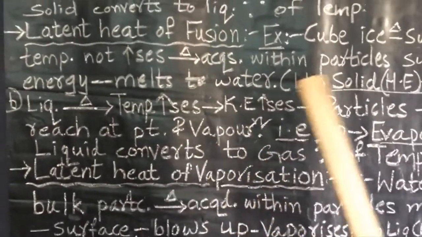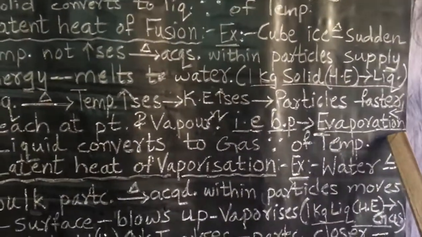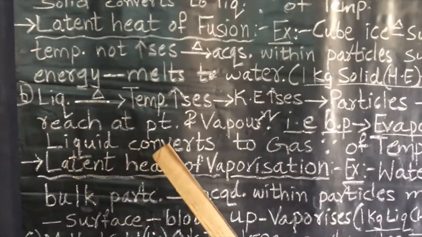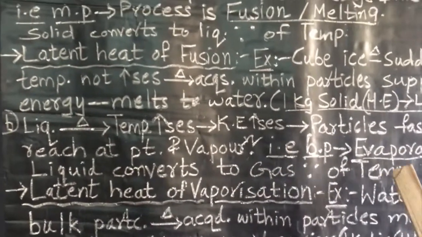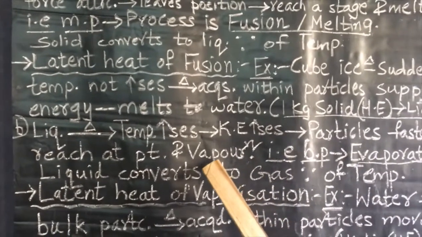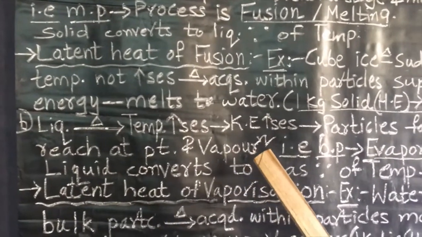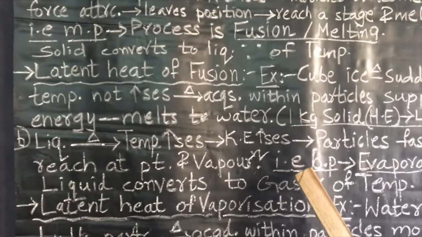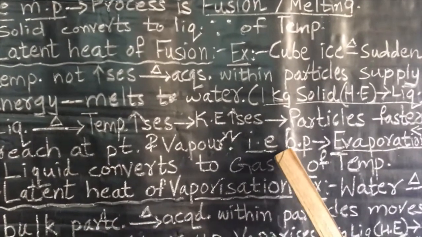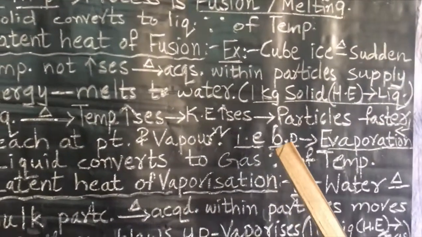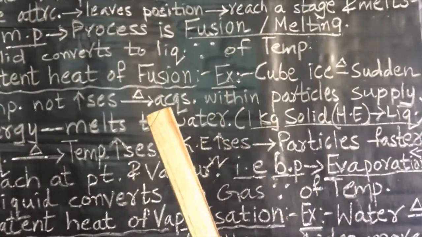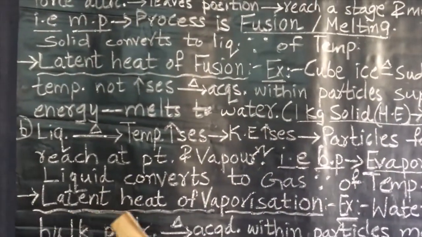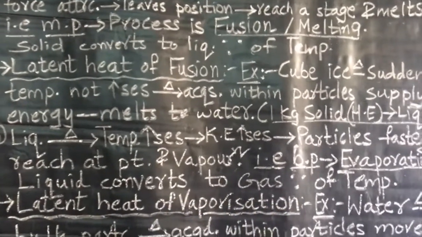This is evaporation, where liquid converts to gas because of temperature change. And as soon as the complete liquid starts boiling, the temperature changes, and that temperature is called boiling point. Here also the same question is there, that is, latent heat of vaporization.